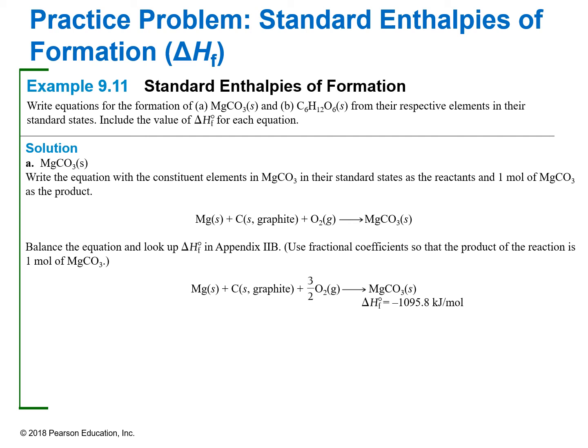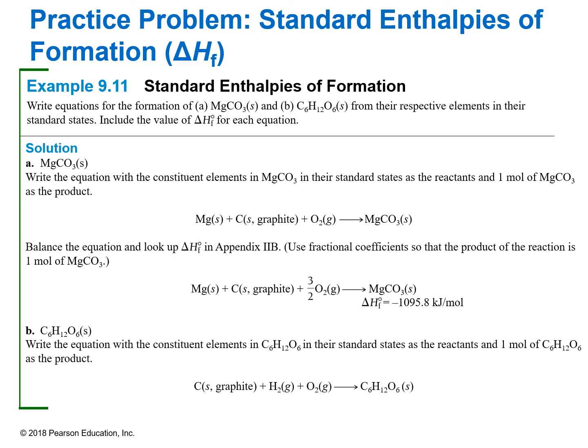All right, let's look at the creation of glucose, which is C6H12O6. So in this case, we would write out carbon and hydrogen gas and oxygen gas, and we end up with C6H12O6. Well, we can already see we're going to have an issue because we're going to have to multiply everything by 6 over here, right? We're going to have 6 and some other stuff.